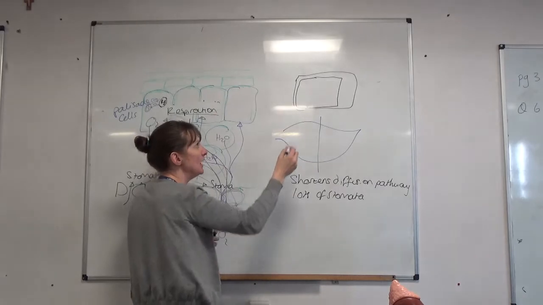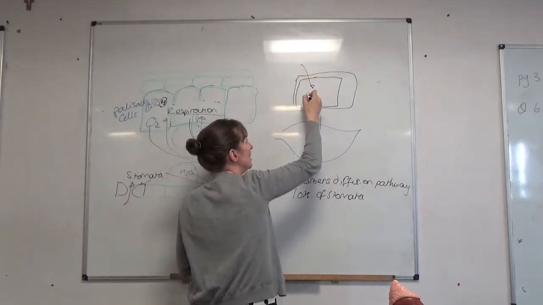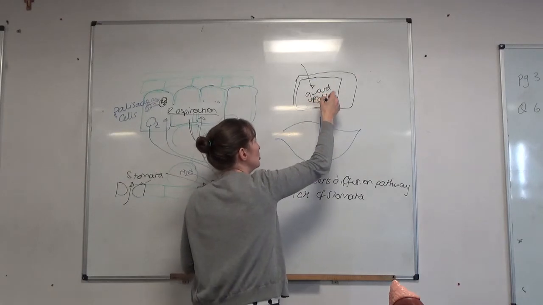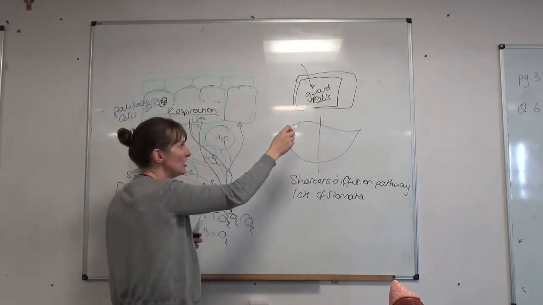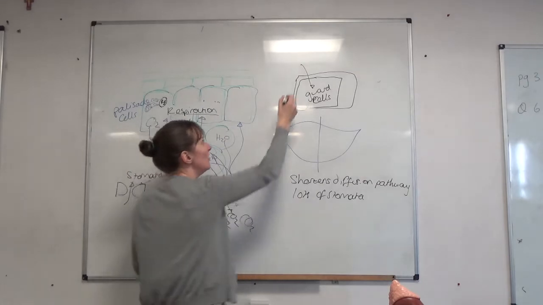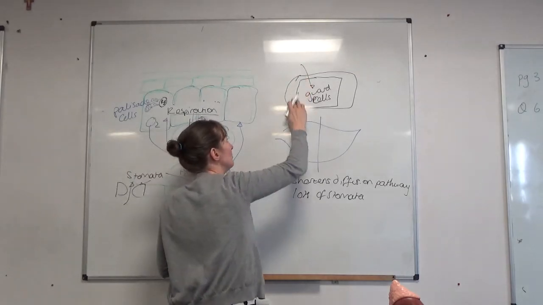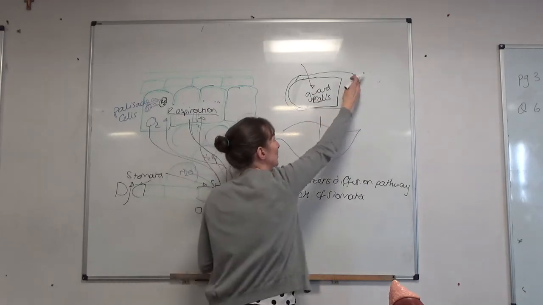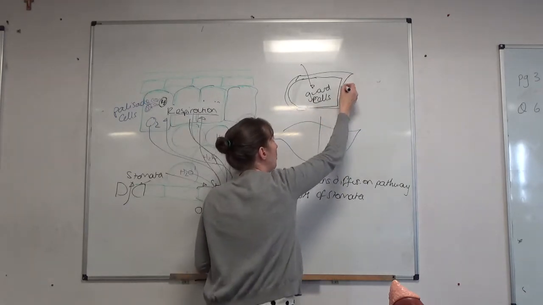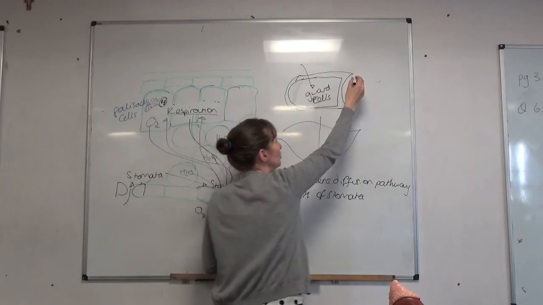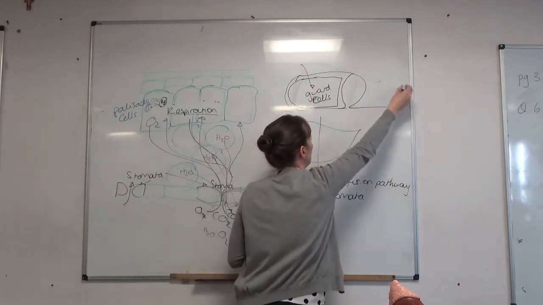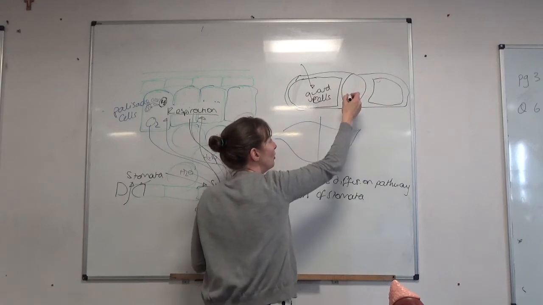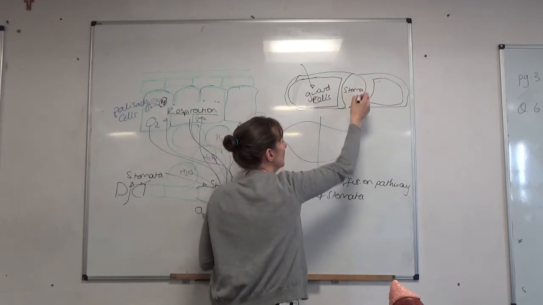So what will happen is, water will enter these guard cells by a process that you don't really need to know about, but just appreciate that water enters, that makes the cell turgid, that causes the cell wall, because it's really thin on one side, to bulge. As it bulges, it pulls this thicker side away, and as it pulls away, and there's another guard cell on the other side, you end up with this open pore, which is your stoma.